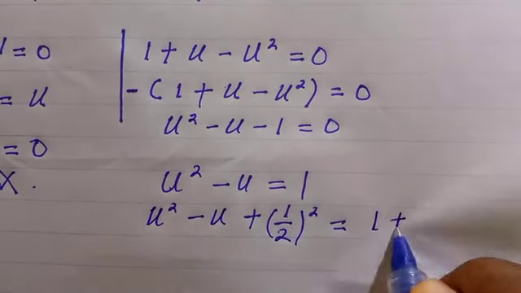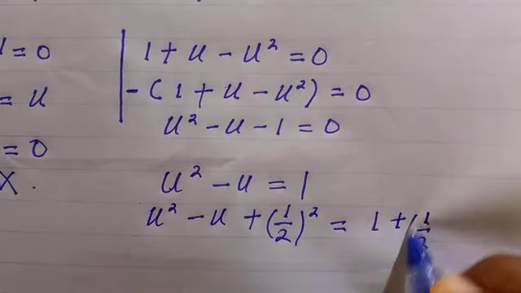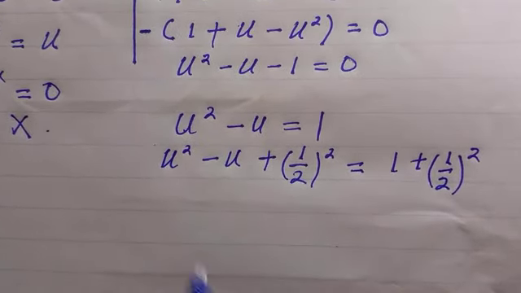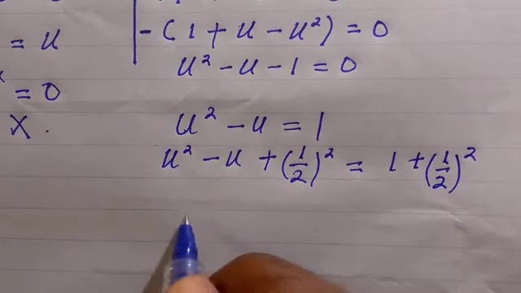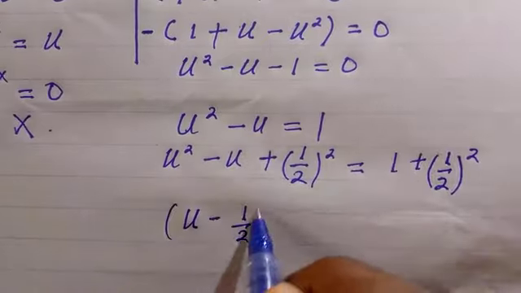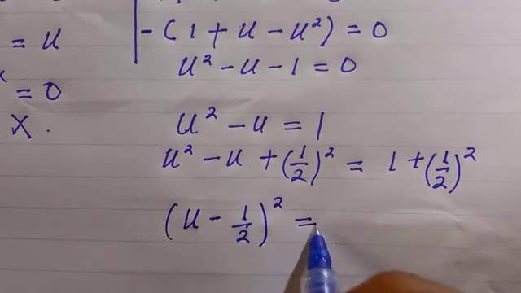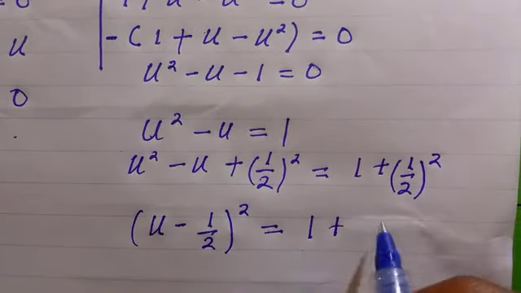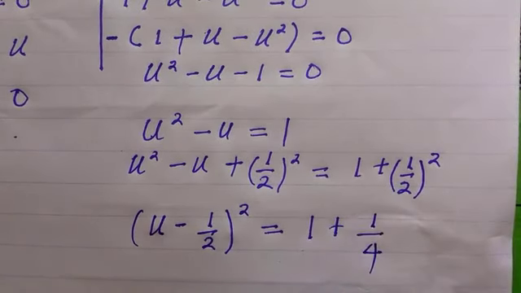So we have this equals 1 plus 1 over 2 to the power of 2. Then let's combine u and half together with negative. So we have u minus 1 over 2 all to the power of 2 equals 1 plus, you know 1 square is 1 and 2 square is 4.